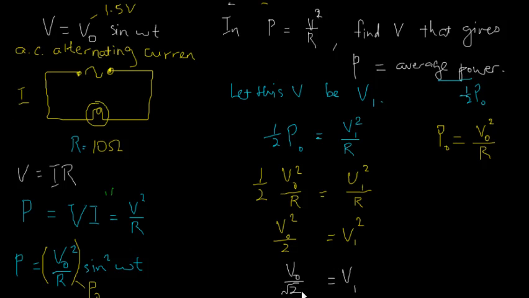Now, the name of this type of average is called the root mean square. We shall try and understand what this means physically and how this name comes about.